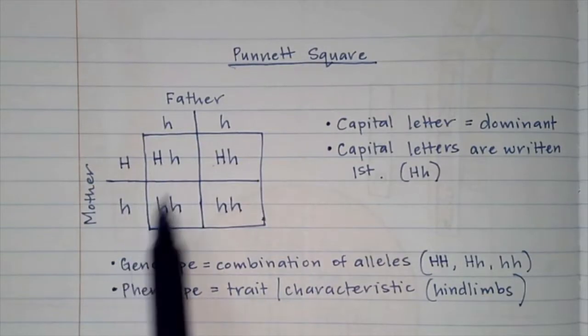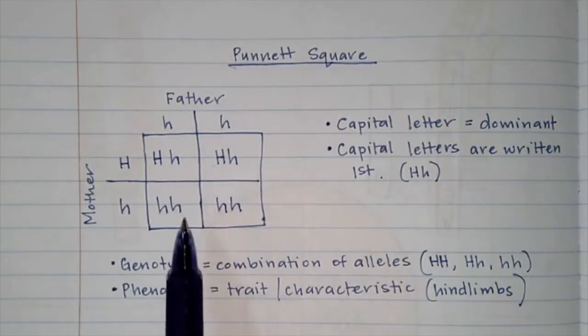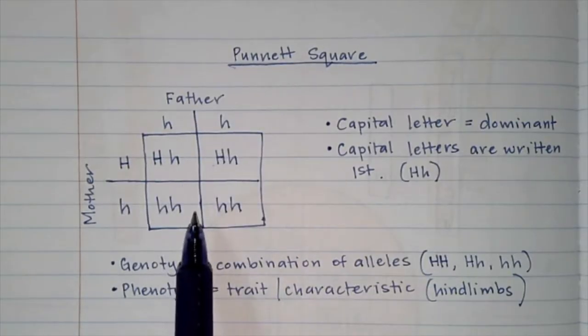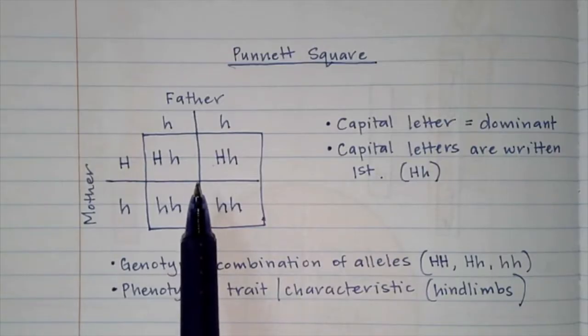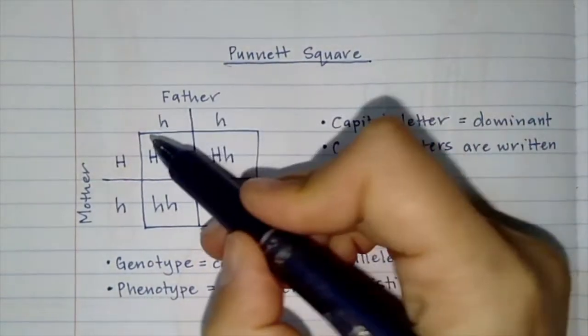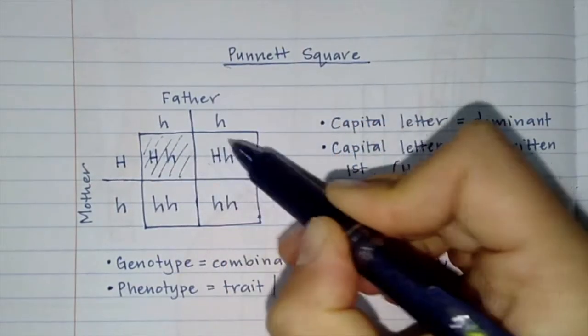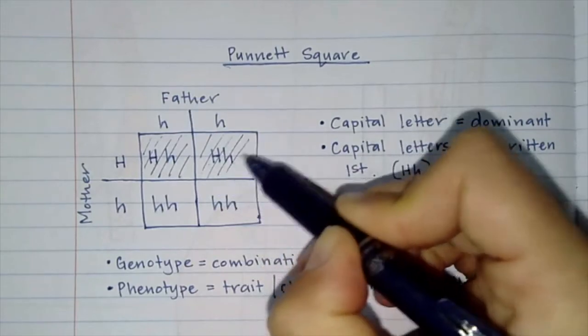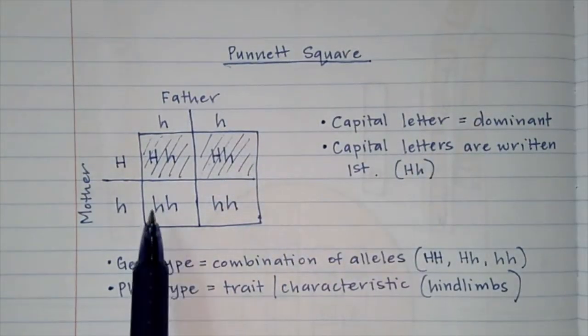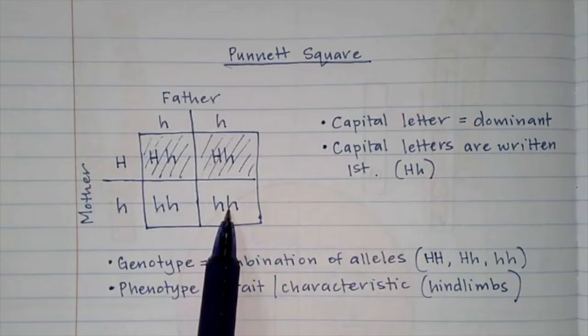This mother and this father have a 50% chance of having a baby that has hind limbs. And I say that because half of these, if these are the possible babies, half of these have a big H, and the other half are all recessive.